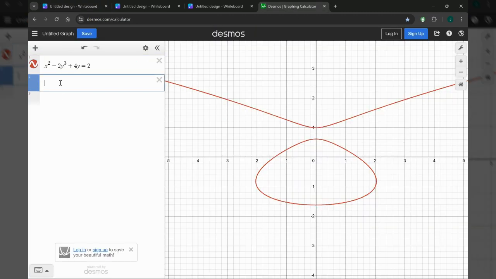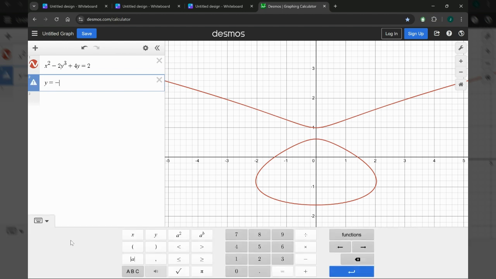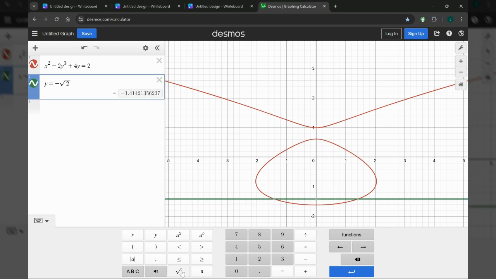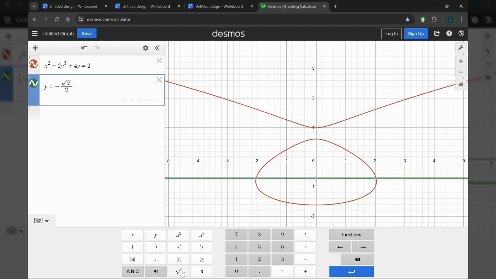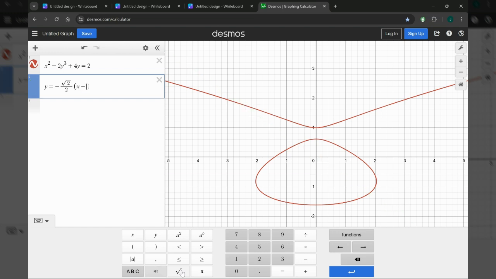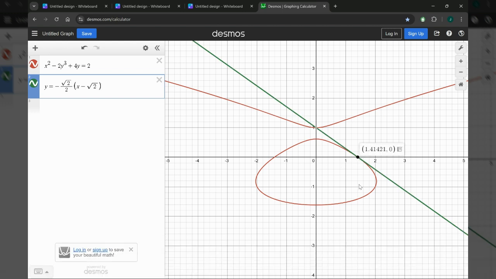So let's give this a try. Let's try y equals negative radical 2 divided by 2, that's my slope, times x minus radical 2. You'll notice that does give me a tangent line at that x-intercept.